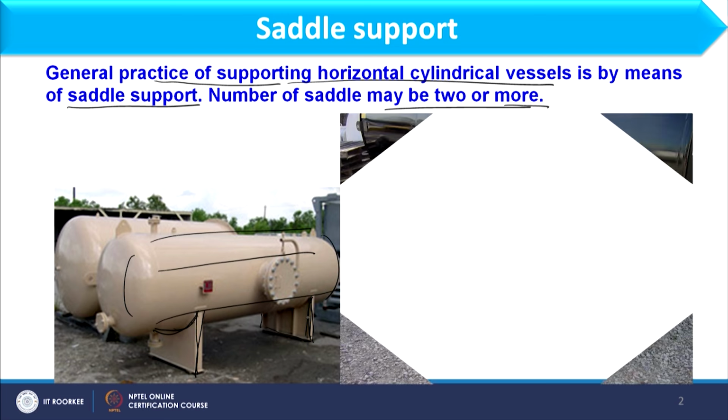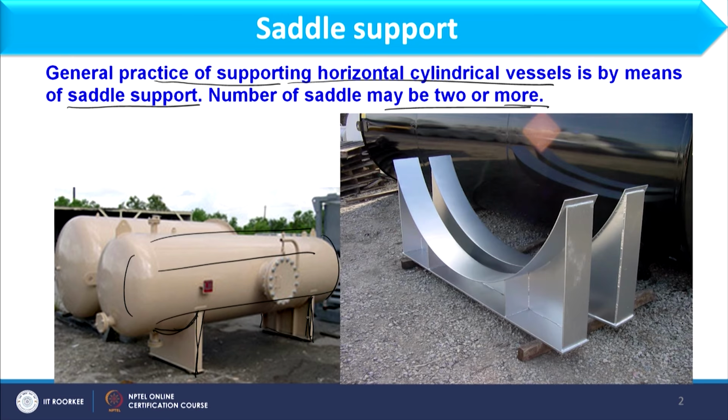If I want to see the saddle support separately, you can see it in this image, where this is the saddle, and this curvature will depend on the diameter of the vessel. So this is basically the saddle support.